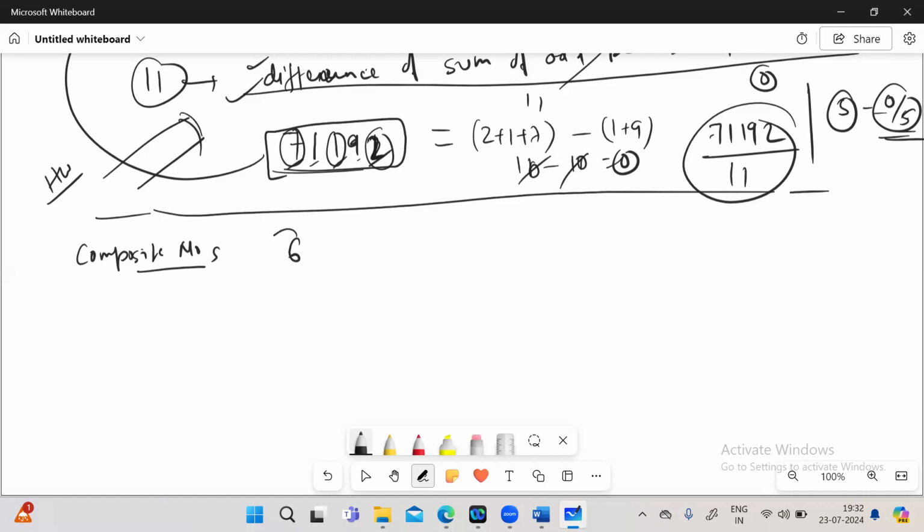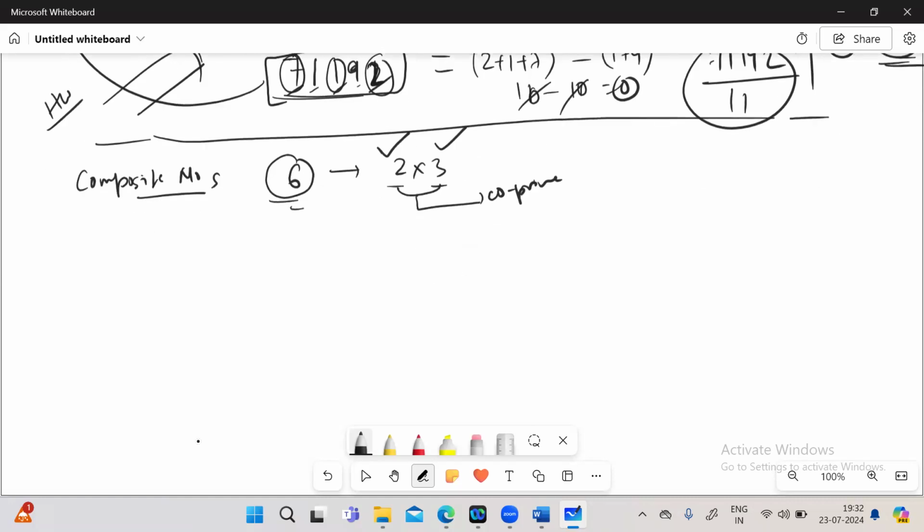So what about 6? I'll divide it into two parts, 2 into 3. And since there is no common factor between 2 and 3, these two are co-prime. So any number, if it is divisible by both 2 and 3, then it will be divisible by 6 also. But remember that you can apply this only when you have two co-prime factors of the number.